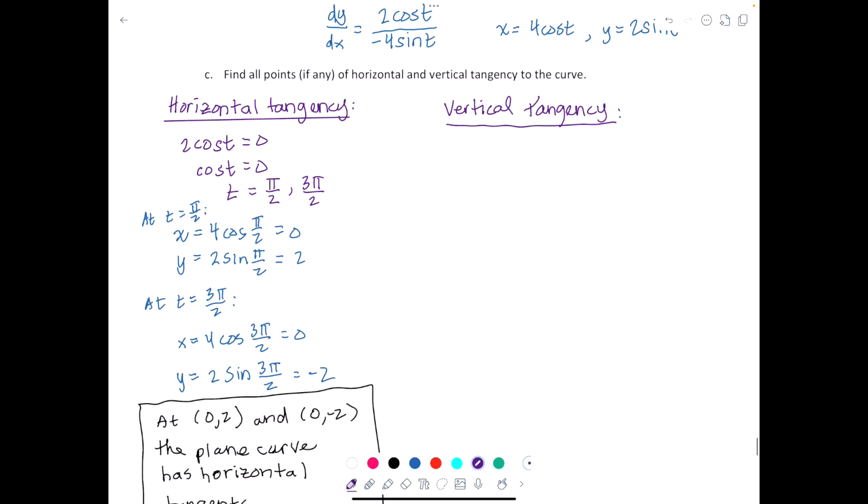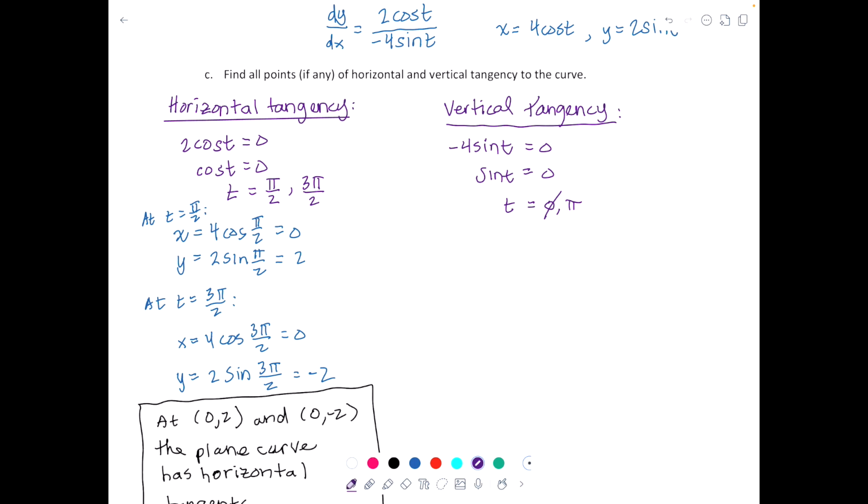And so remember that dx dt was negative 4 times sine at t, setting that equal to 0. We get sine at t is 0. So t would normally be, I'm not sure if I made a typo on the problem or not, but normally we would say 0 and pi, right? But 0 is not included in our interval for whatever reason, so we'll go with that.